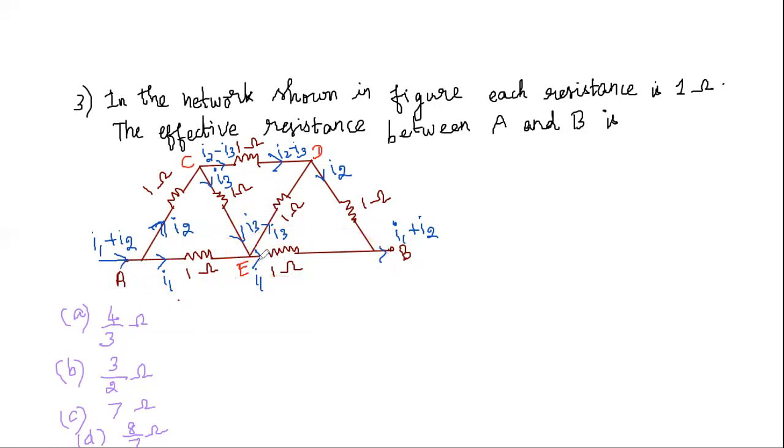So then what you have to find is this network, this CED. If you disconnect the CED and AEB, both these things, actually both are connected at this point, right?